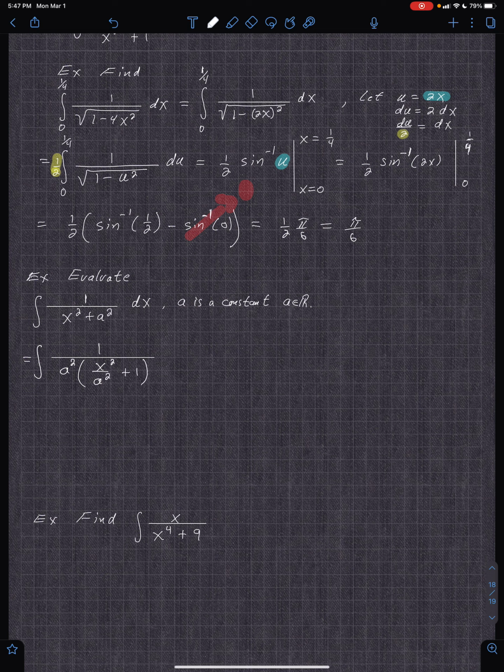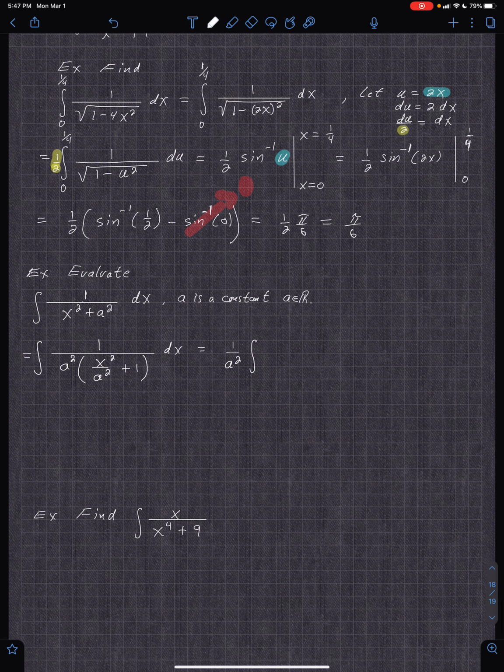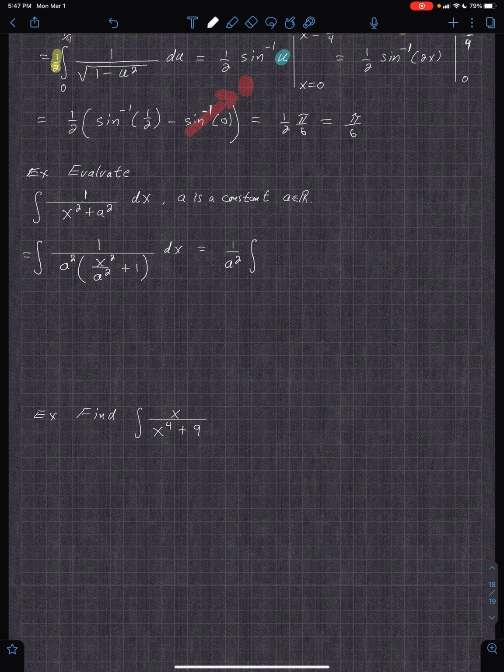So now I have the something squared plus 1 dx, and I will factor out the 1 over a squared, and this is just an indefinite integral. So now to get it in the correct form, this should be 1 over x squared over a quantity squared. So now that's my u substitution plus 1.